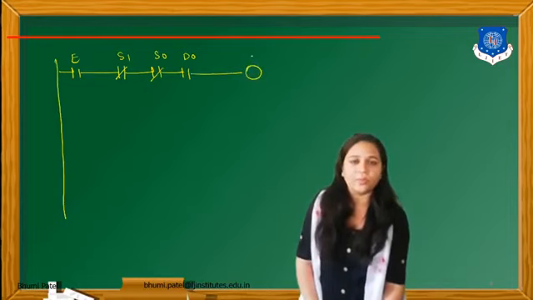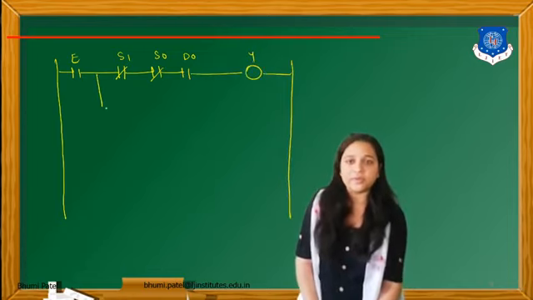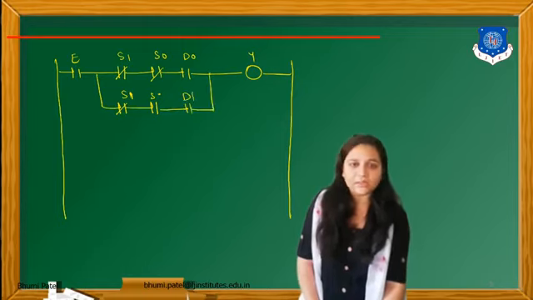and this is my output Y. Now the second condition for the output is S1 complement, S0 as it is, and D1. We put it in a parallel connection because all the terms are in addition.